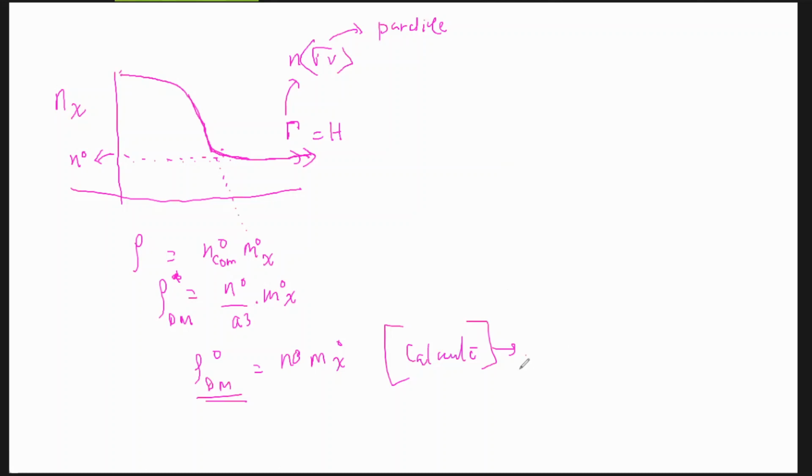And H you know how it goes: H squared is equal to 8 pi G by 3 rho radiation. These are all happening in the radiation-dominated universe. We'll do it today, depending on photon and neutrino. So you know H, you know n, you know sigma. Then you can calculate when gamma equals H, and that will give you a value of a freeze-out.